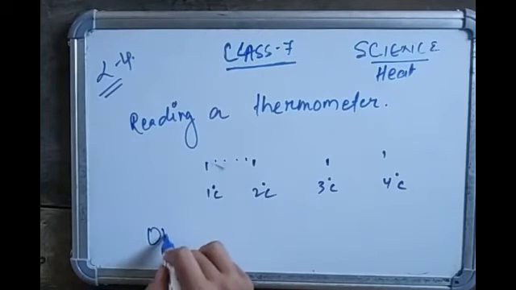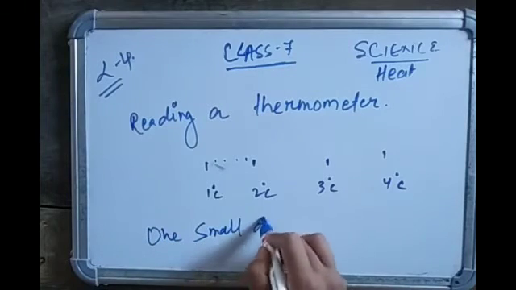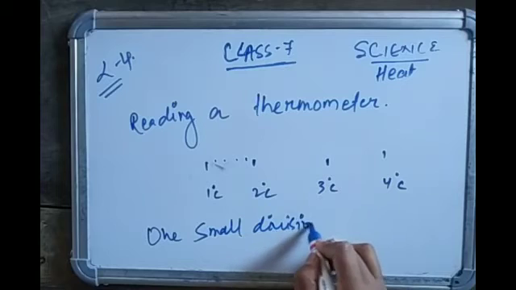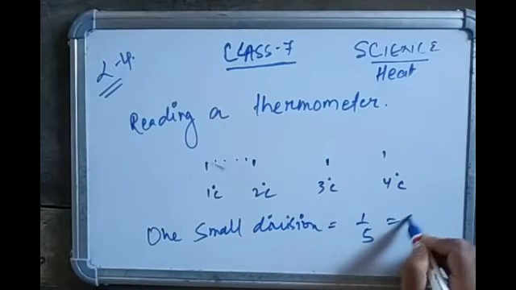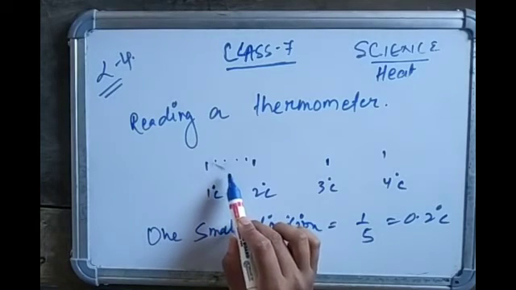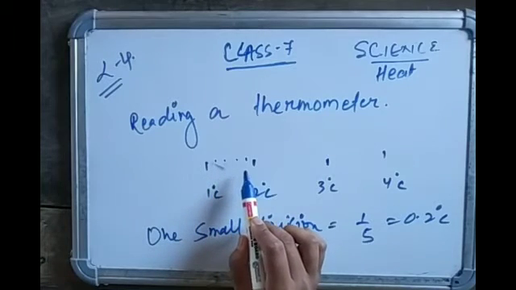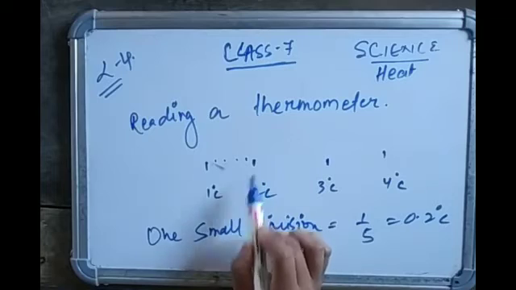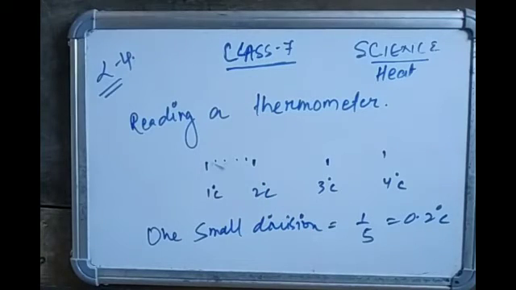One small division is 1/5, that is 0.2 degree. The readings are 1.2, 1.4, 1.6, 1.8, 2. So the division is 0.2 degrees Celsius.